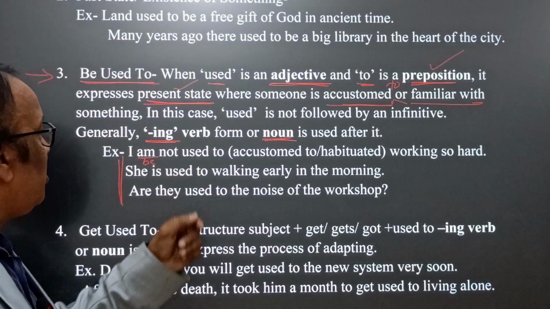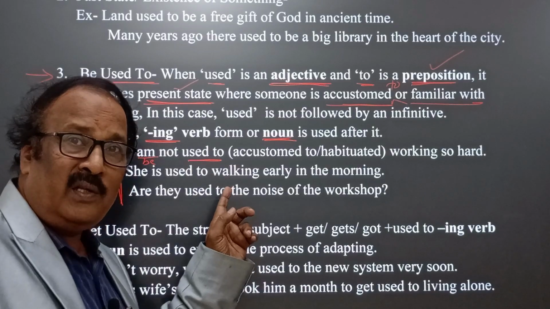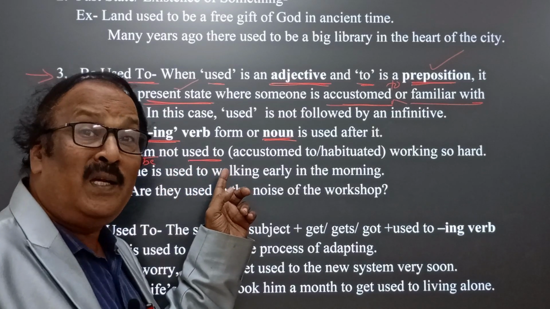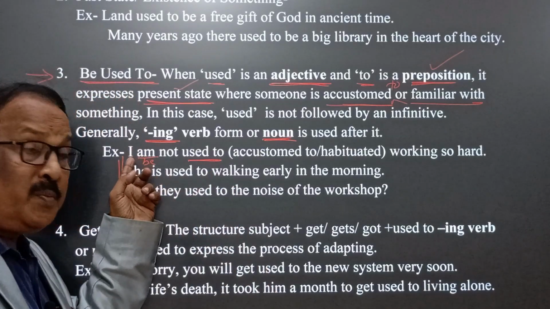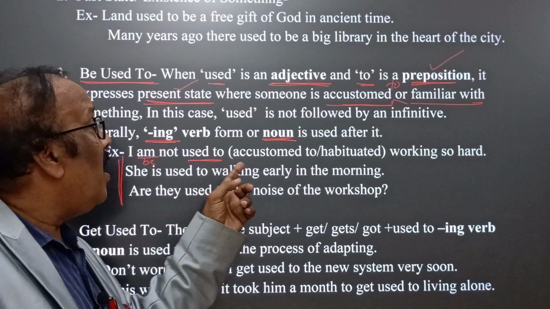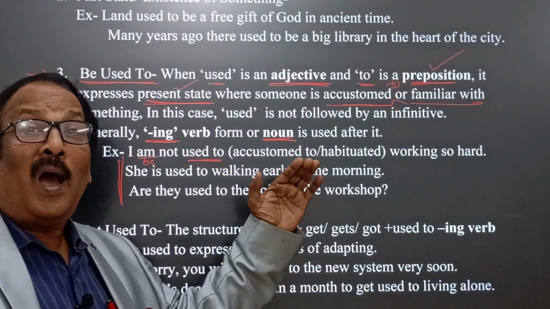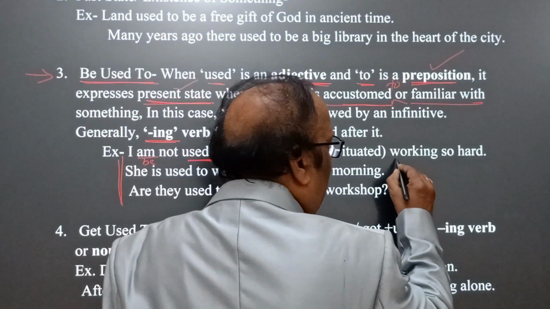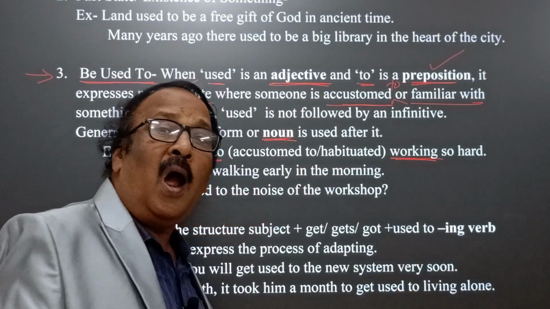I am not used to is a negative sentence, and am is the be verb, present form. Here the speaker indicates that he is not accustomed or habituated to working. Here, working so hard is the ing verb form.